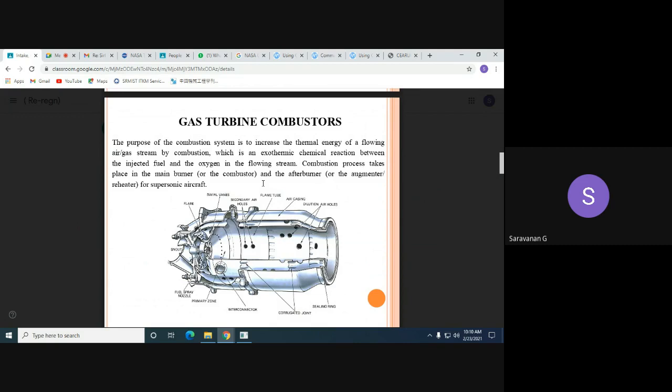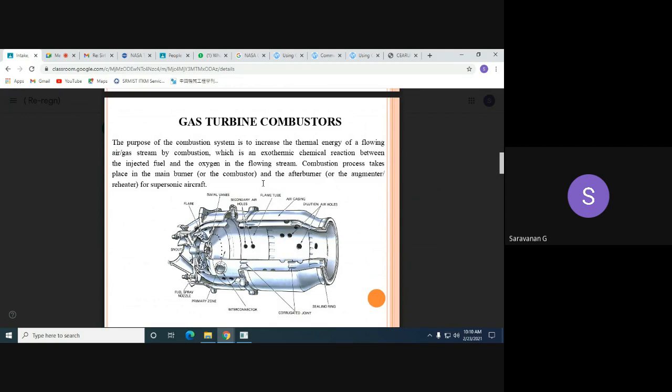The hot gases are taken to the turbine and nozzle, expanded, and generate thrust. So we have a component known as the combustion chamber or combustor, meant for burning the fuel along with the compressed air so that hot gas is generated.